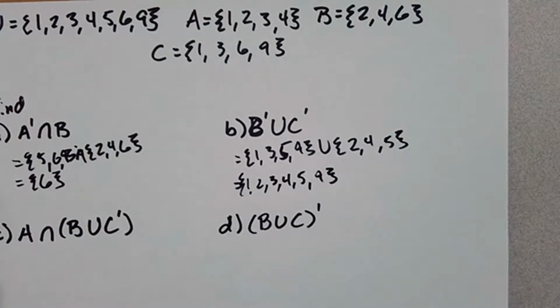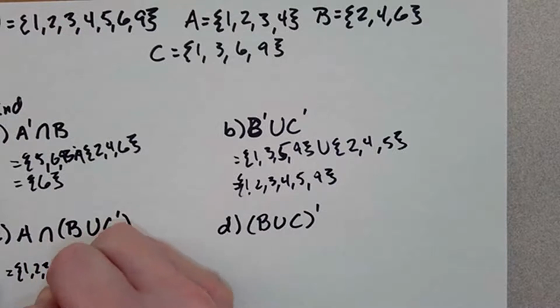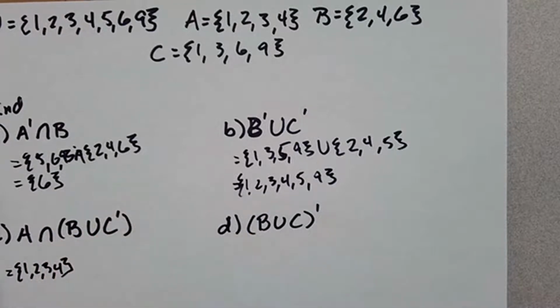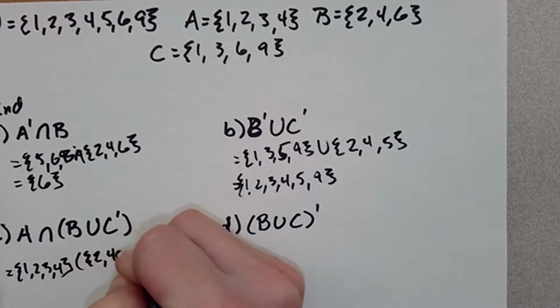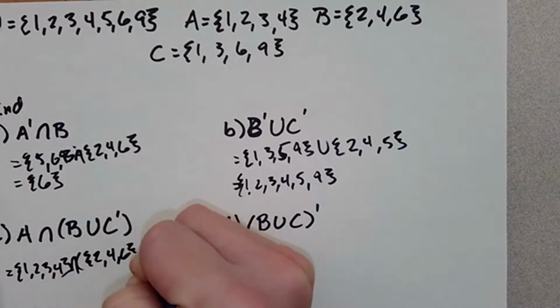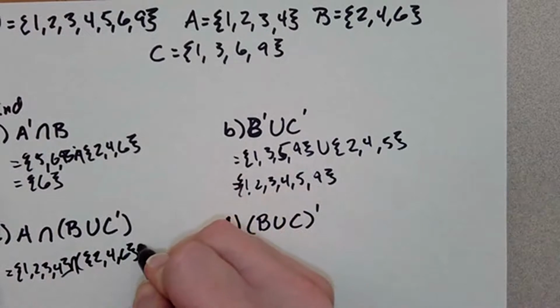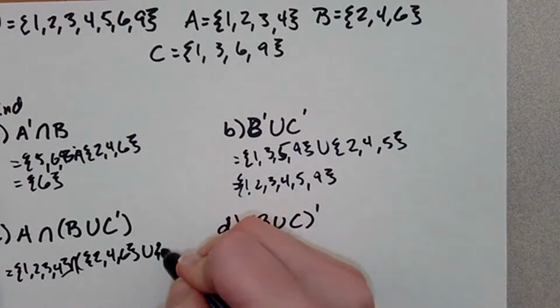Now we want to take the intersection of A, 1, 2, 3, 4, with the union of B and C complement. B is 2, 4, 6. C complement is 2, 4, 5.